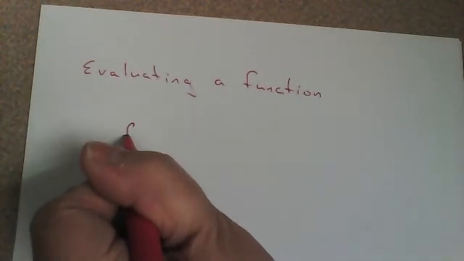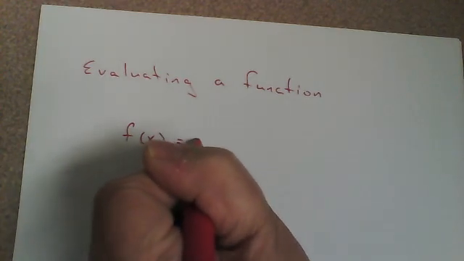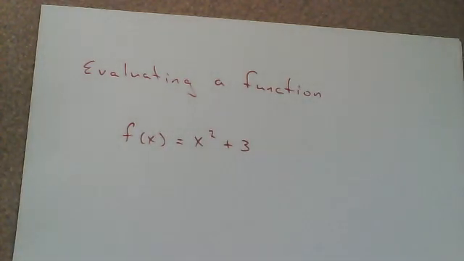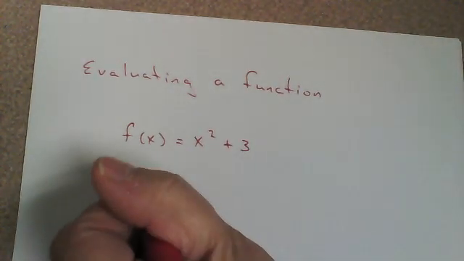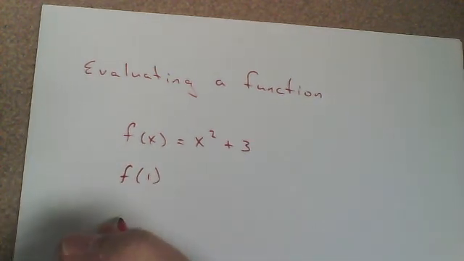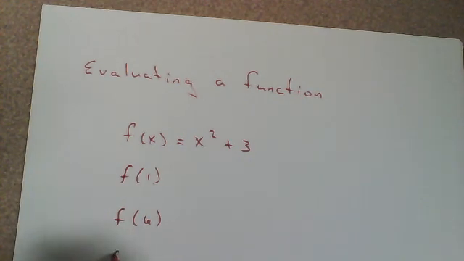Here I have f of x equals x squared plus 3. When it says evaluate a function, it's usually going to say at f of 1 or f of 6 or f of x plus 2.